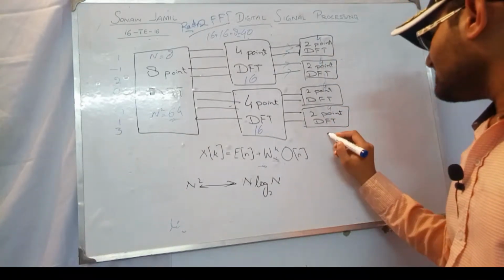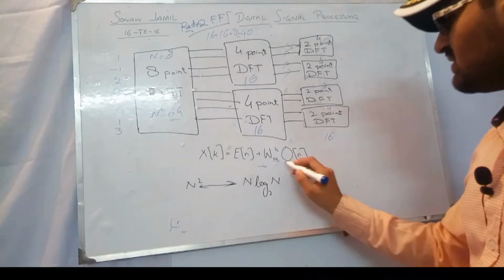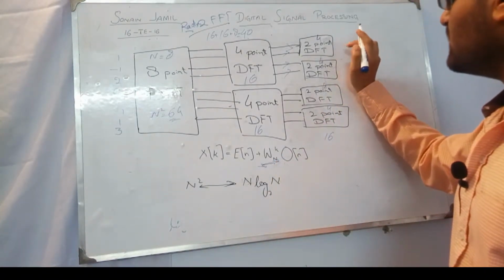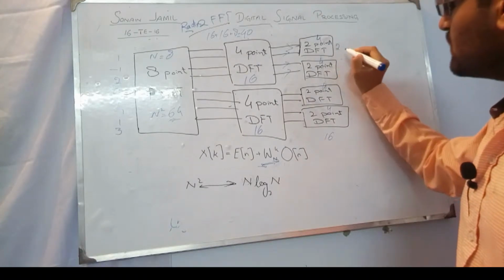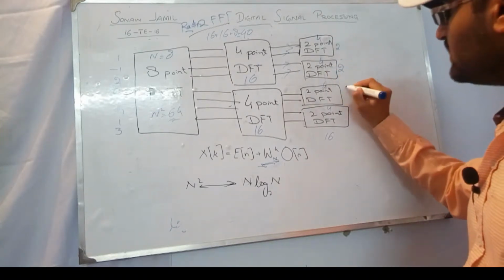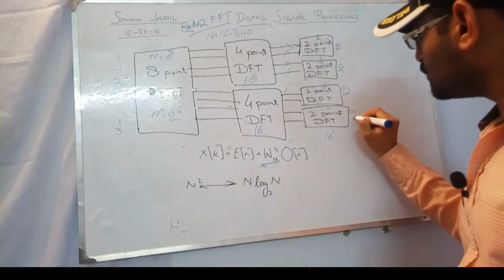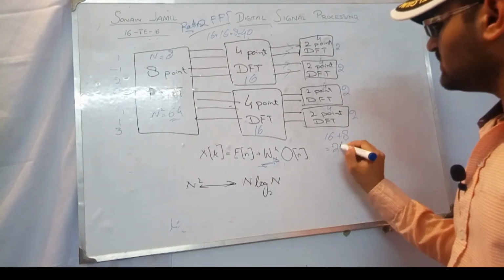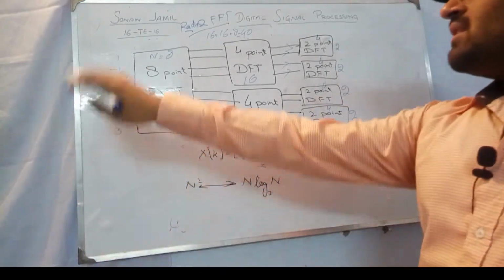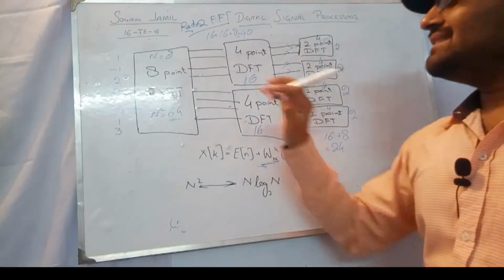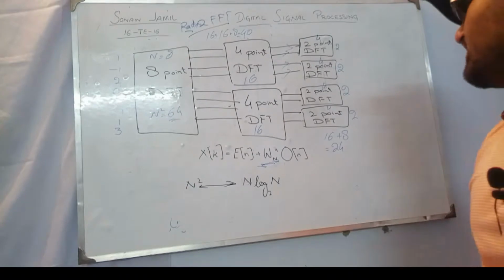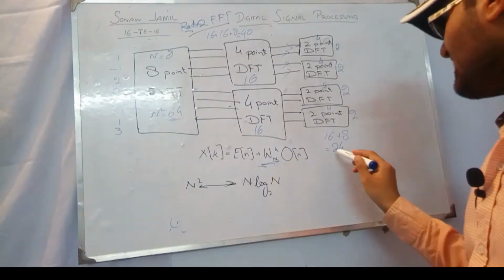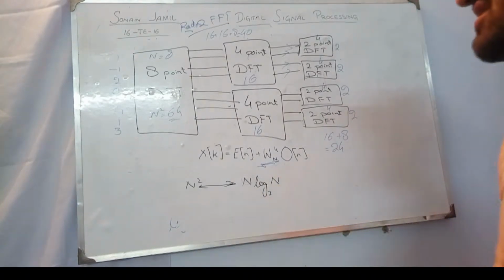So total 16 plus this, and in this case is been multiplied by 2 component, 2, so total 8. If we divide this 8-point DFT into 2-point DFT, the number of multiplication has been reduced to 24 from 16.